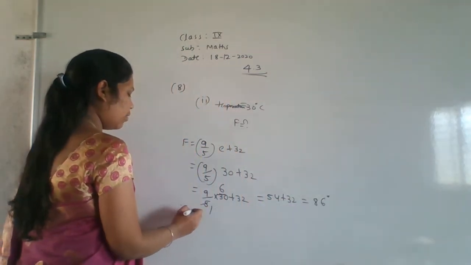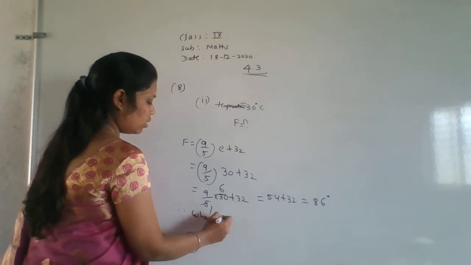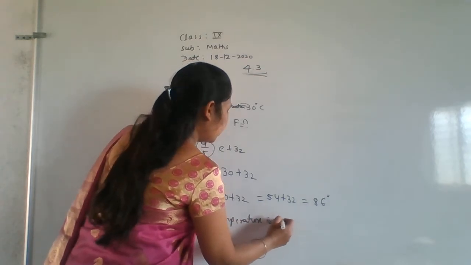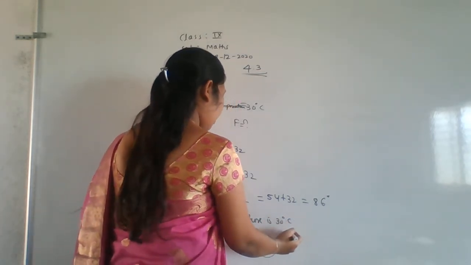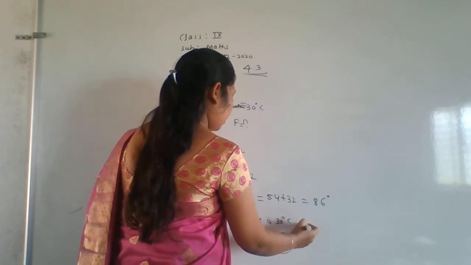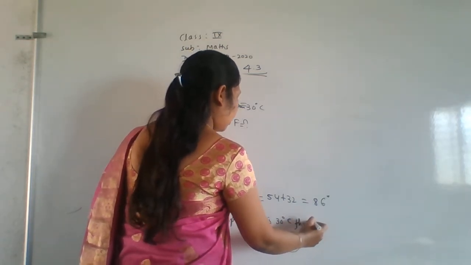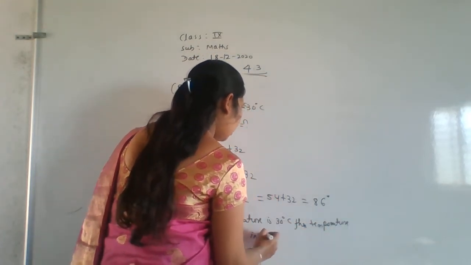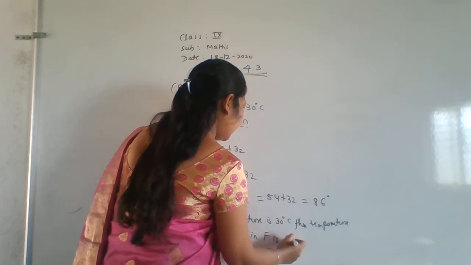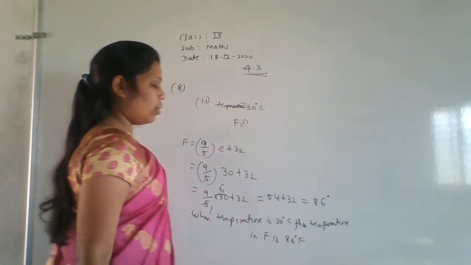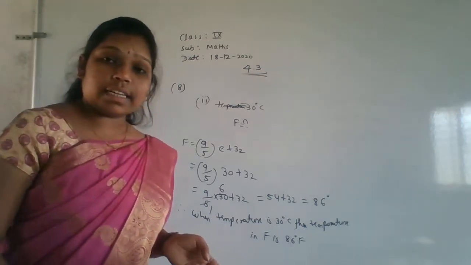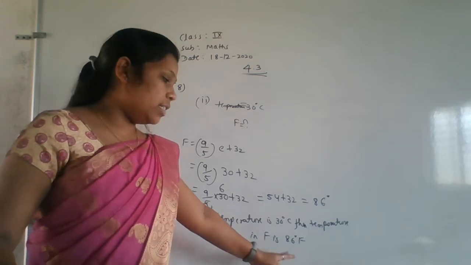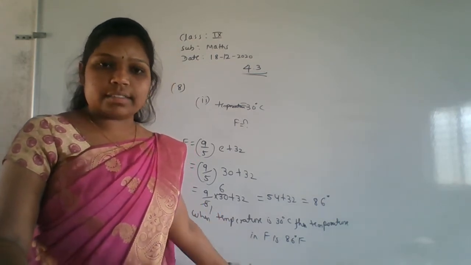So right here, therefore, when the temperature is 30 degrees Celsius, then the temperature in Fahrenheit is 86 degrees Fahrenheit. When the temperature is 30 degrees Celsius, at that time the temperature in Fahrenheit is 86 degrees Fahrenheit. That is the answer.